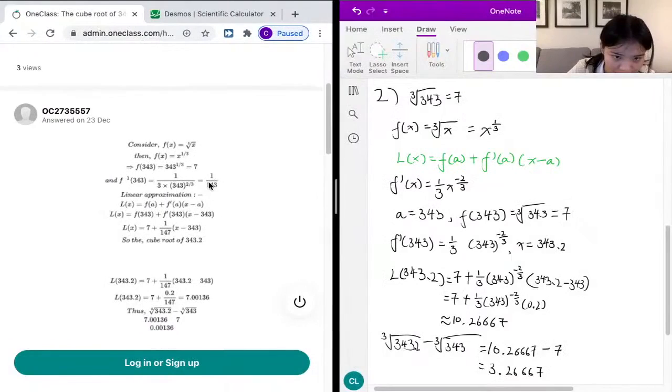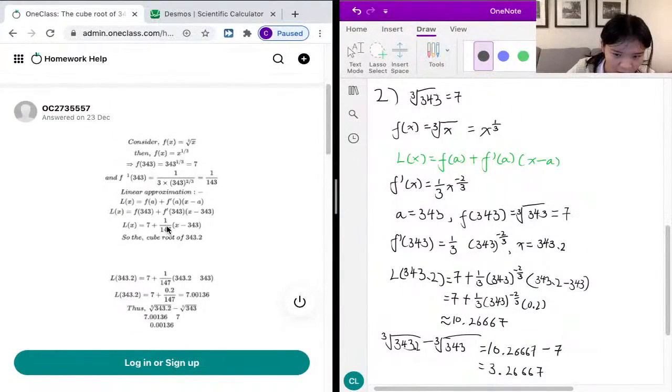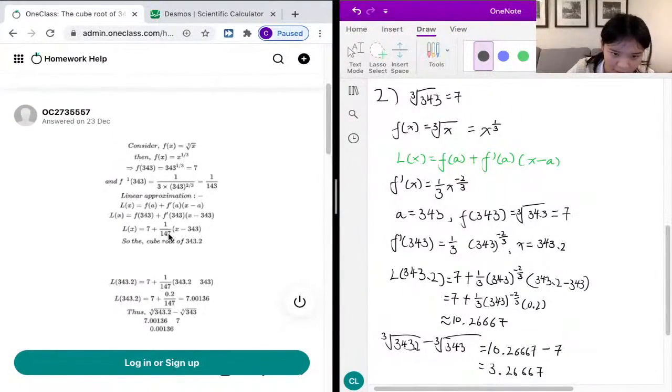I'm not 100% sure, and then they use linear approximation. But right over here, they said that the value of f prime of a is 1 over 143, but then they changed it to 1 over 147, which is not correct, I don't think.